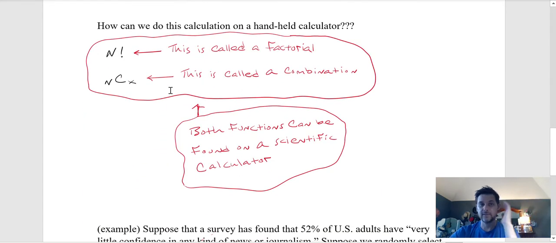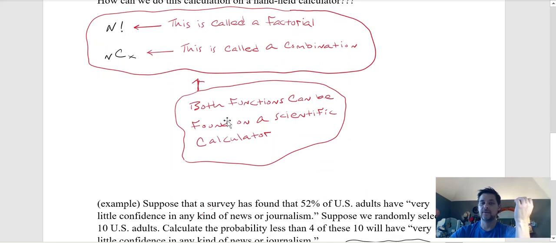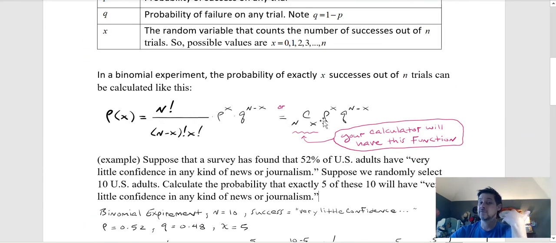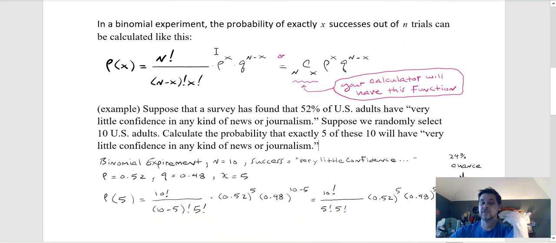It's in your calculator. And this is called a combination, n choose x. Both of those can be found in a scientific calculator. You can use this formula either way. In the example I just showed you, I only used this version of it. I didn't try this one.